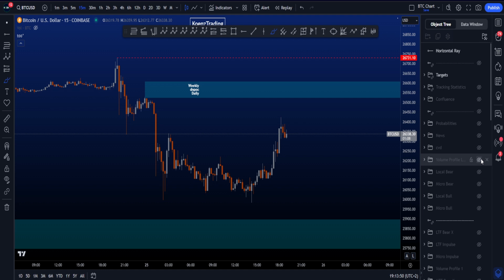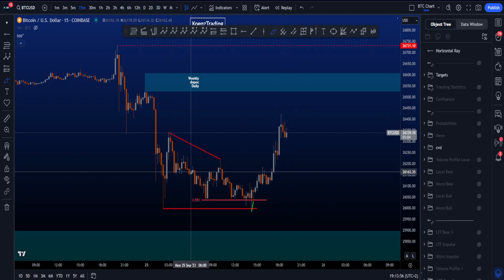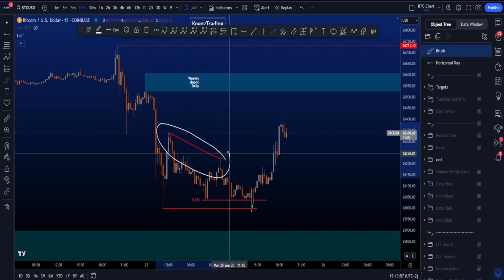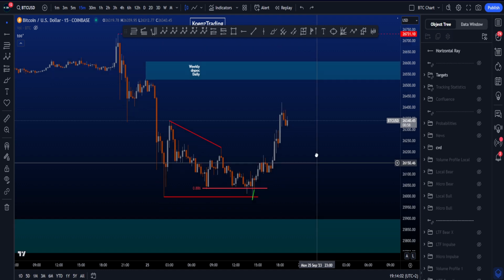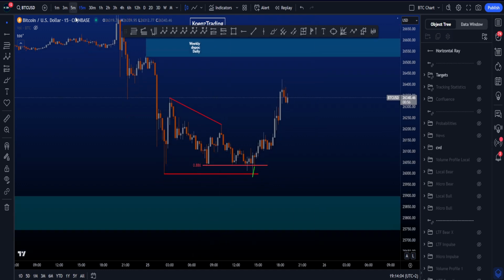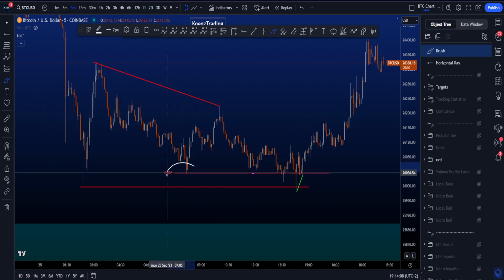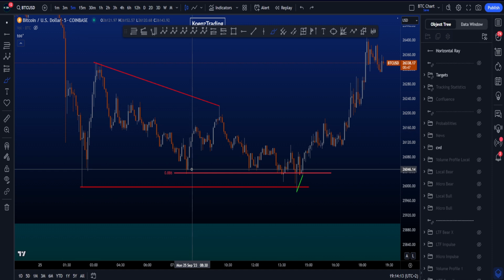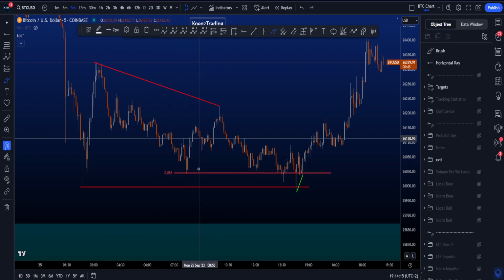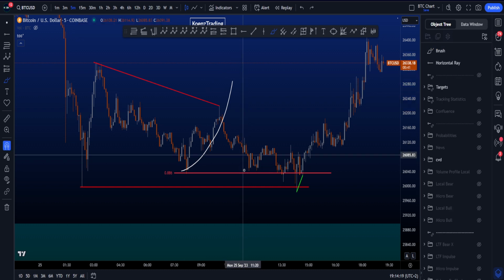Now, if we stay on this time frame and we look at these CVD divergences, then we had these bearish CVD divergences as shown in the previous video as well, and as mentioned, price was ranging on the 0.886, and that is important because if the 0.886 is hit, which is taken from the low over here to the high, then preferably you want to see it move away from the 0.886 and not come back again.